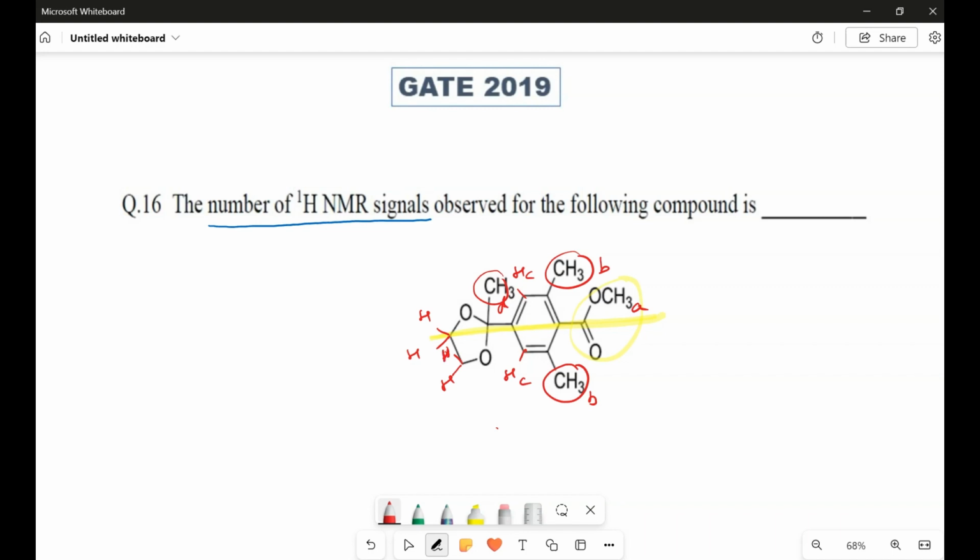These two hydrogens which are above the plane, I'll call E, and these below the plane, F. E hydrogens are syn to the CH3 group, and F hydrogens are almost anti-periplanar, not exactly, but almost anti-periplanar with this particular CH3, D. So I have totally A, B, C, D, E, F, so I'll have 6. The number of proton NMR signals observed for the following compound is 6.